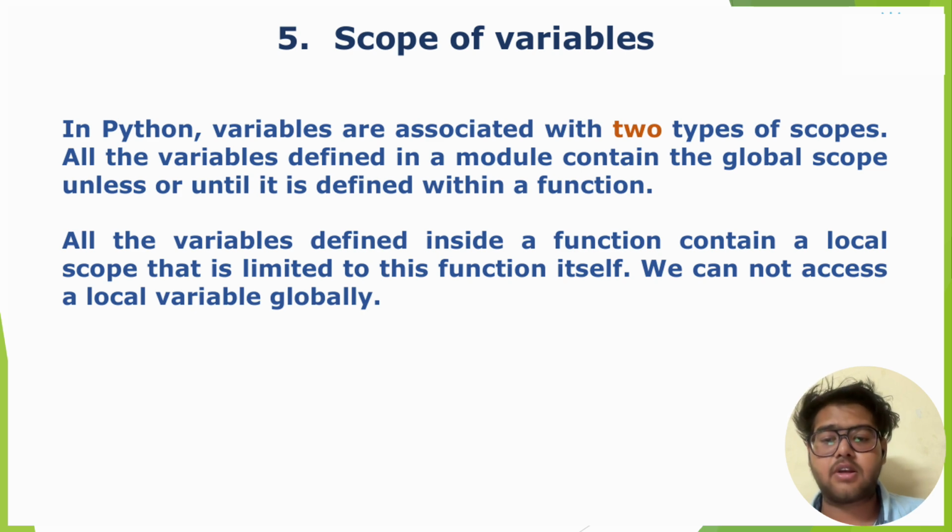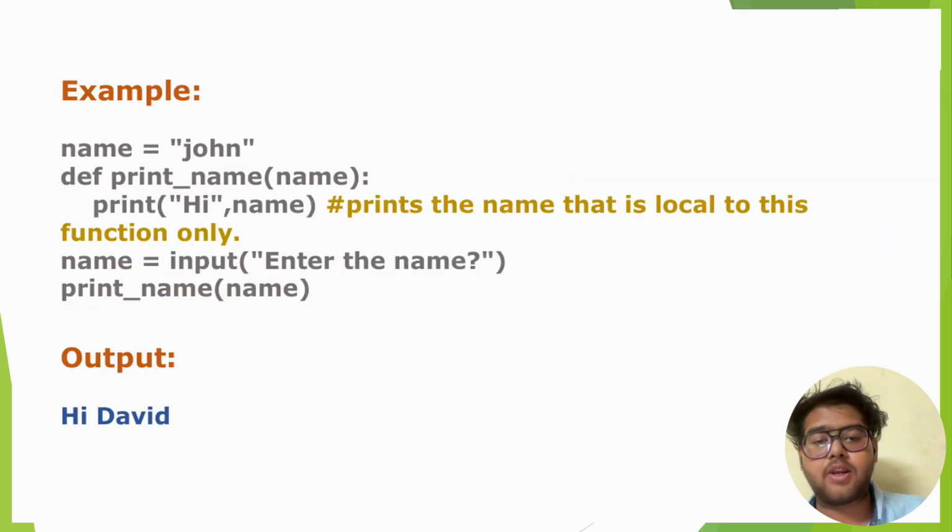Scope of variables. In Python, variables are associated with two types of scopes. All the variables defined in a module contain the global scope unless they are defined within a function. All the variables defined inside a function contain a local scope that is limited to this function itself. We cannot access a local variable globally.